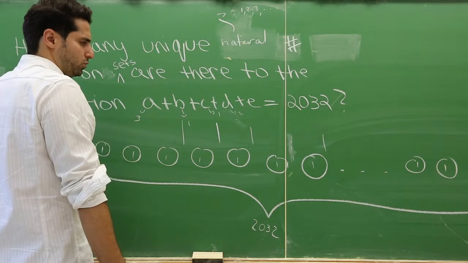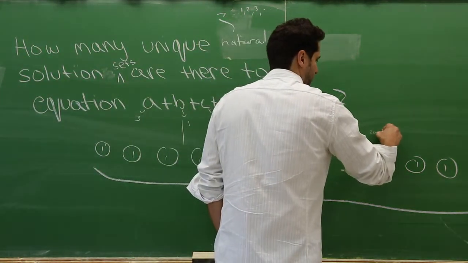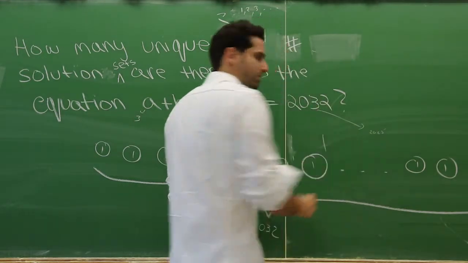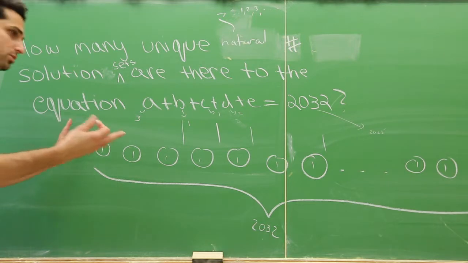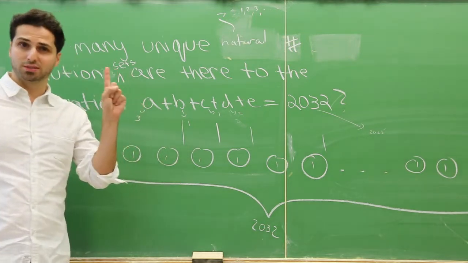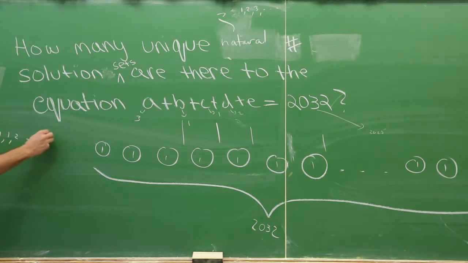So 2, 2, 5. You guys see that? Now, you agree that that's one solution set? So that answer corresponds to 3, 1, 1, 2, 2025, right?